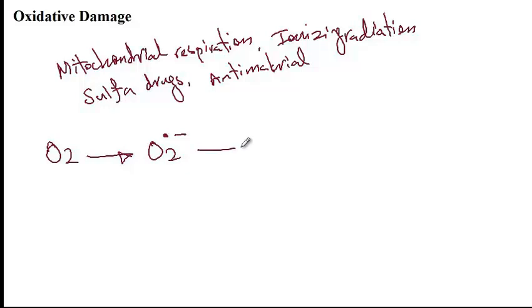And then later on, the superoxide radical can be converted into hydrogen peroxide.